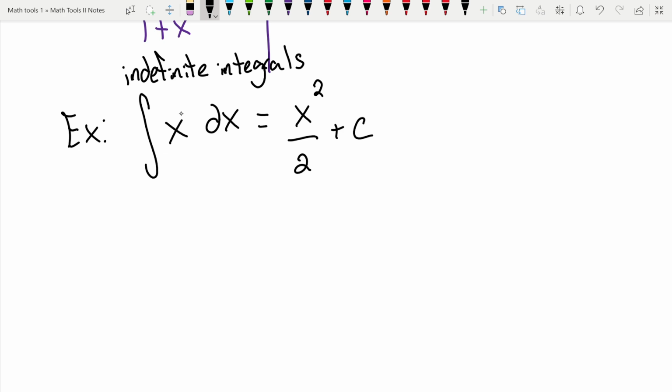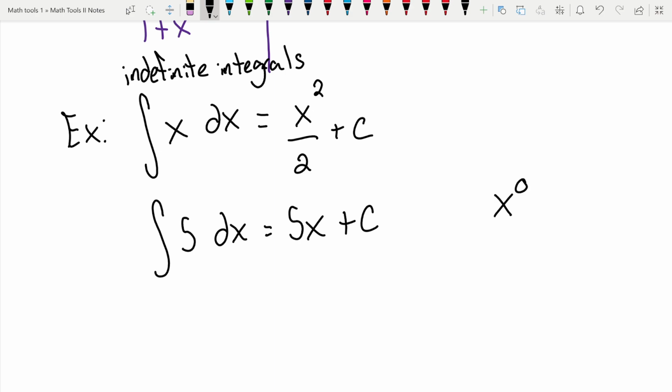So n here is 1, so this is x to the 2 over 2. The integral of 5 dx would be 5x plus c. Okay, so technically you can think of this also as a power function with x to the 0. So it becomes x to the 1 over 1. So same thing using the power rule.